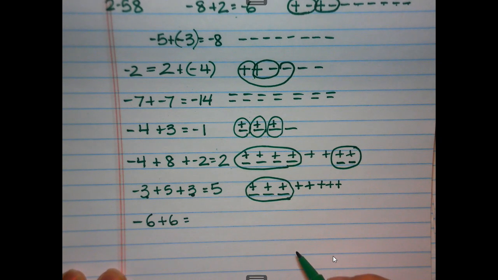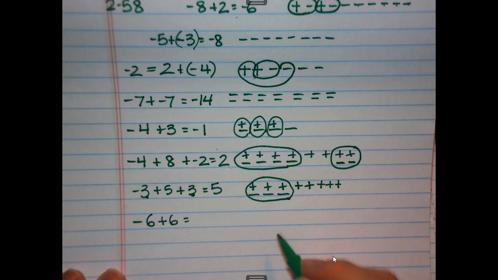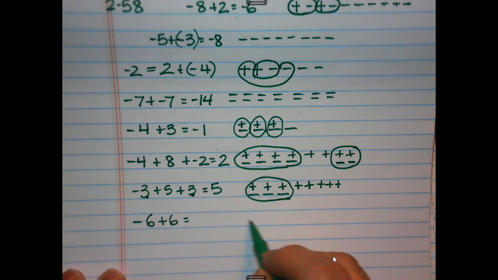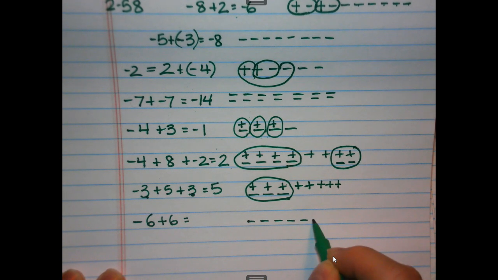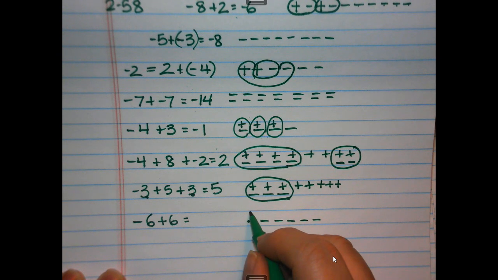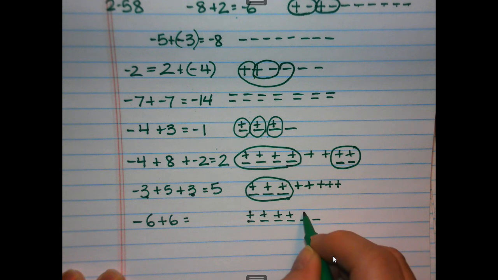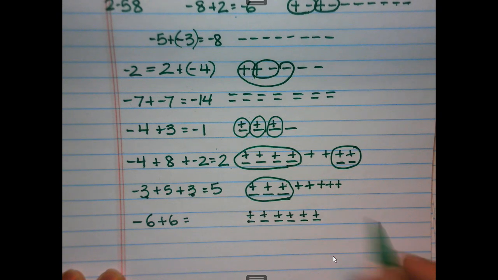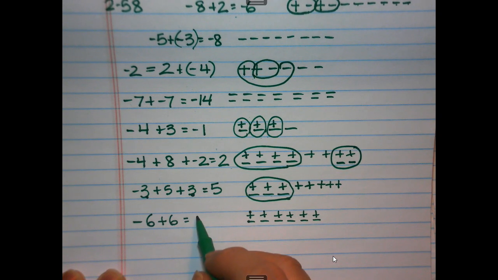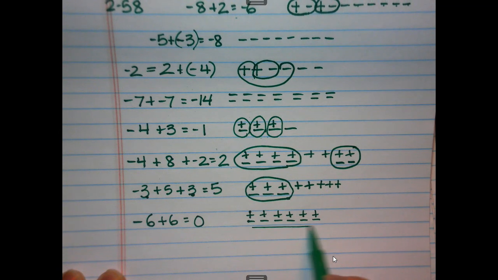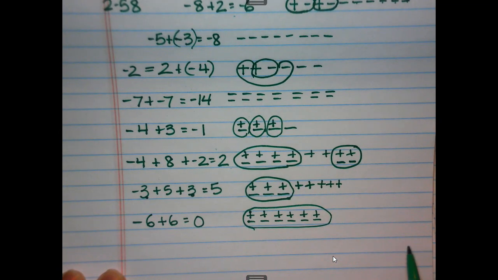The problem you had was -4 plus 4. So I'm going to go ahead and draw my -6 tiles: 1, 2, 3, 4, 5, 6 negatives. My +6: 1, 2, 3, 4, 5, 6. And I end up with 0 because they all cancel each other out.